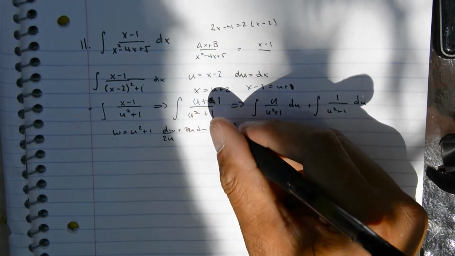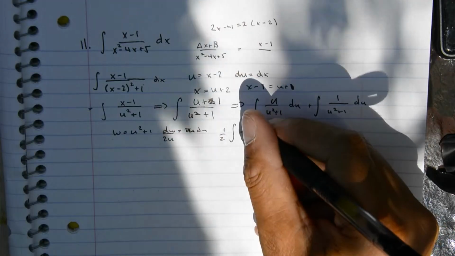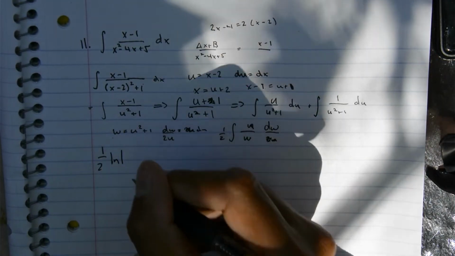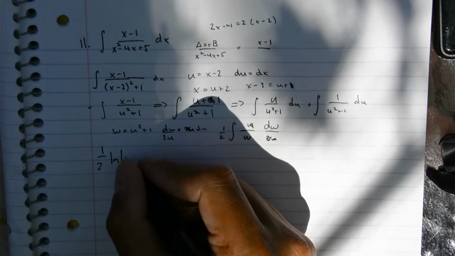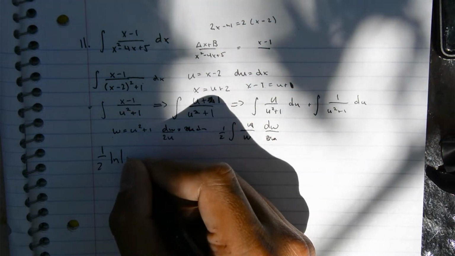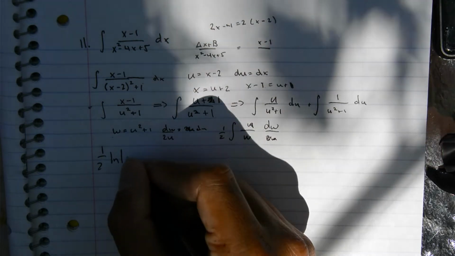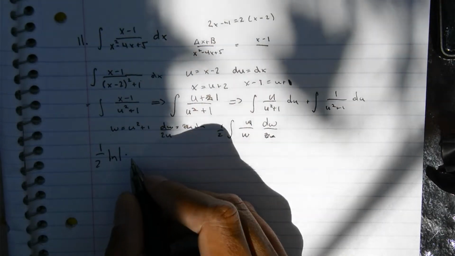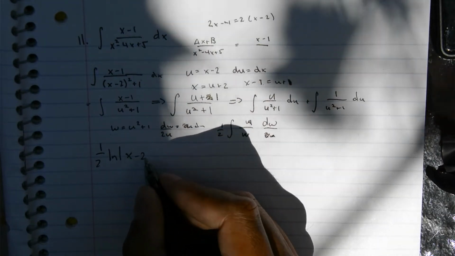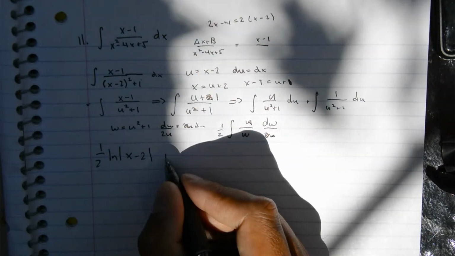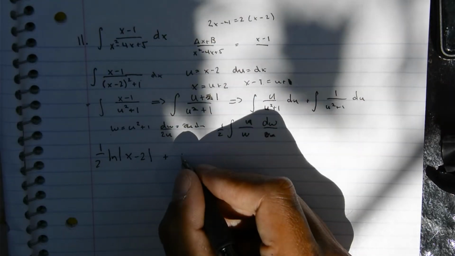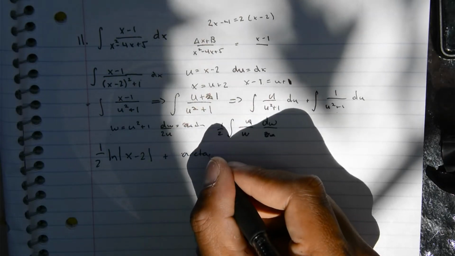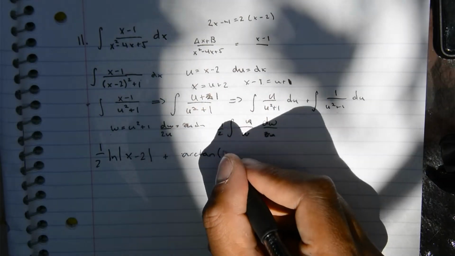So this comes out to here. This goes here. So you're going to get 1/2 ln of x minus 2 plus, what is this? This is just arctan of x minus 2.